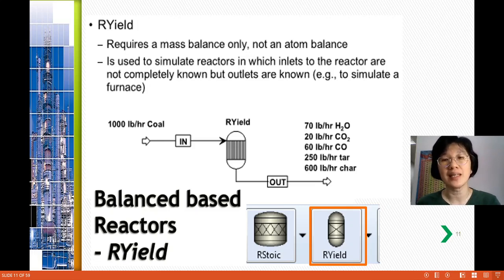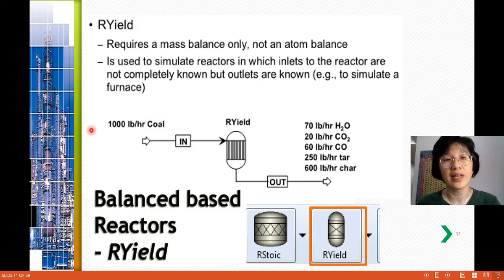So in this case, there is one example over here. Based on the flow sheet given, you have the details for the product, but you don't have the details for the raw material. The raw material here is coal, and it is a very complex compound, and it may be a mixture of CH and CNH. It's a hydrocarbon, or it's just carbon.